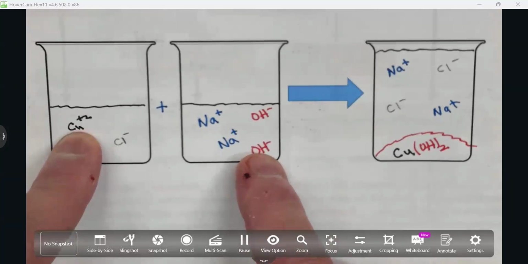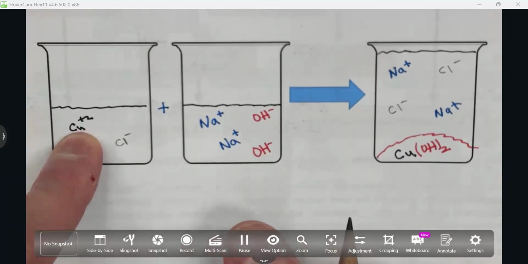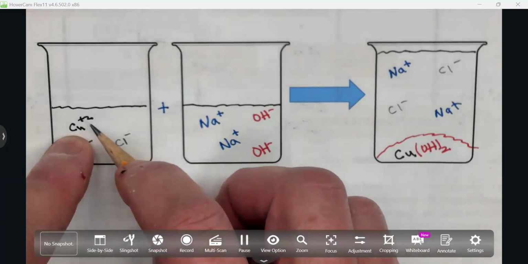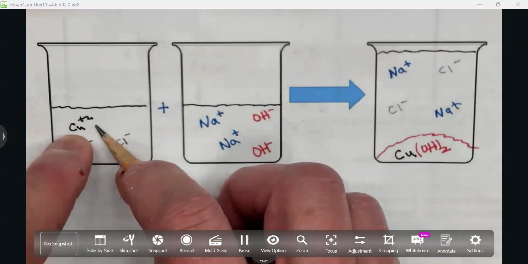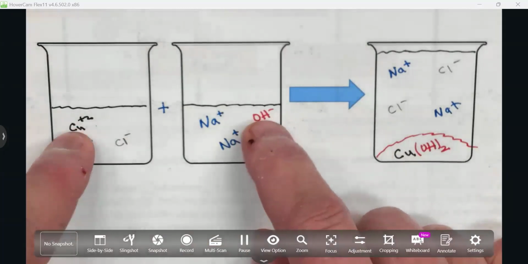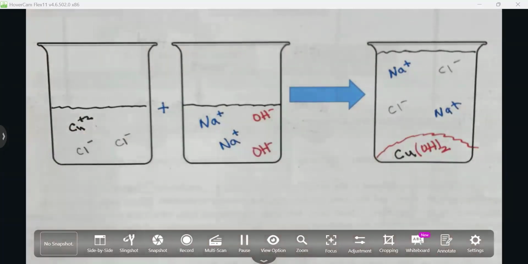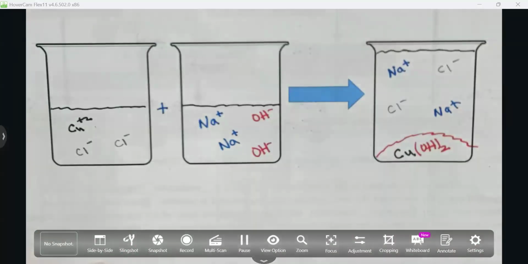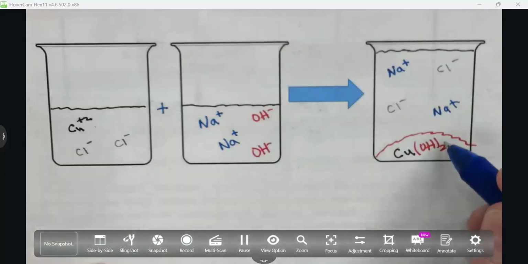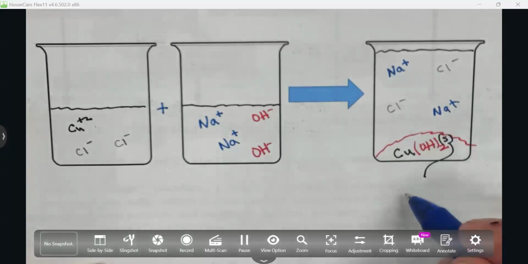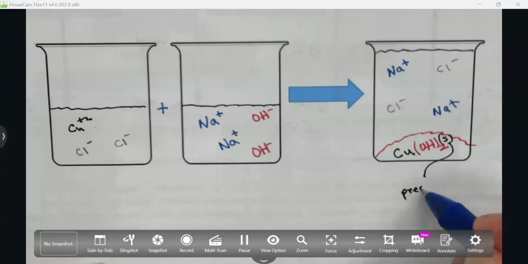That is why we switch the positive ions, to see is there an attractive force between this ion from this beaker, and that attractive force between those ions is so strong that they're going to come together and water is not going to keep them split apart. This is our solid. This is a precipitate.